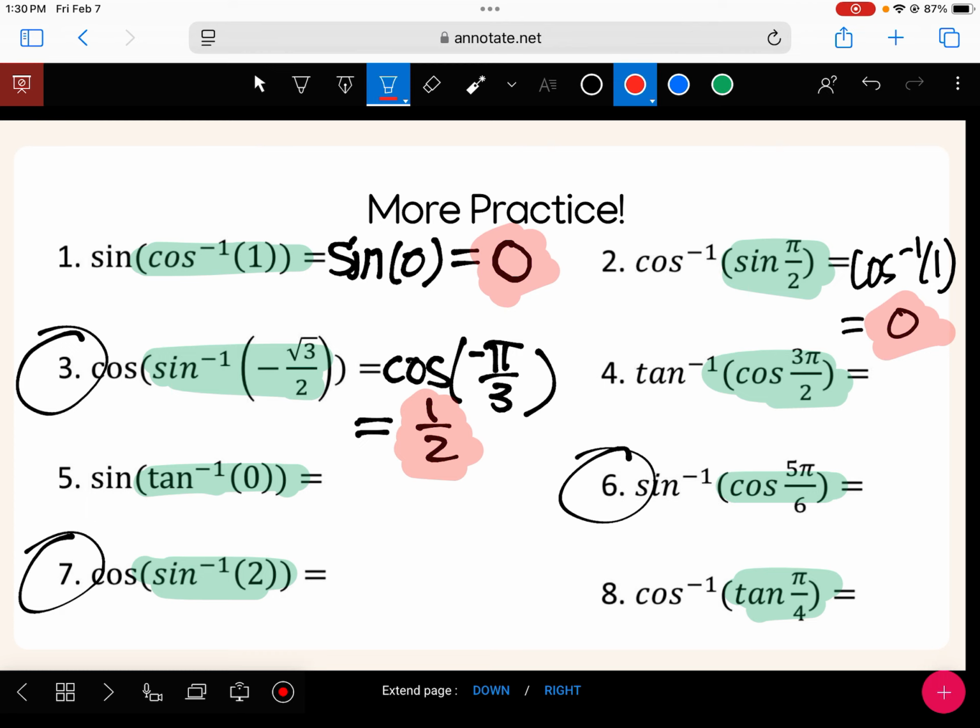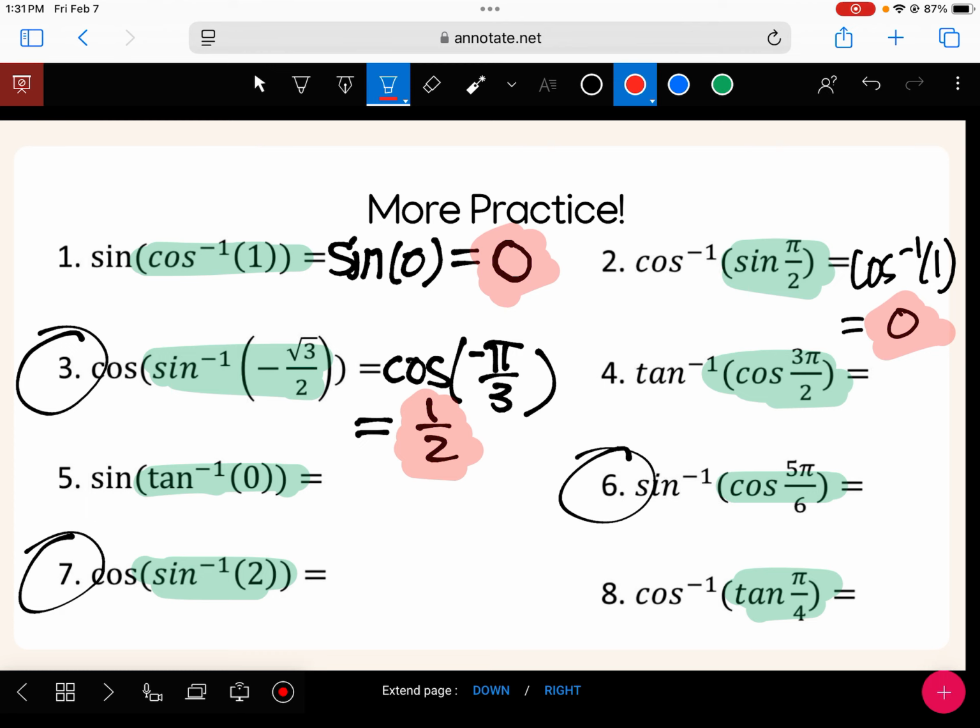And then for number 6, go to 5 pi 6. What's the cosine value? Negative root 3 over 2. Where is the sine function negative root 3 over 2? Quadrant 4, and what is that value? Negative pi thirds, and that's your answer.